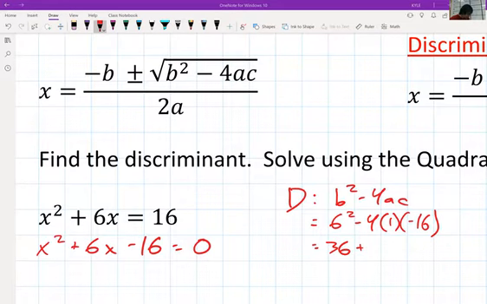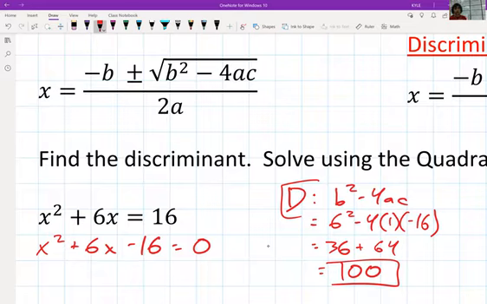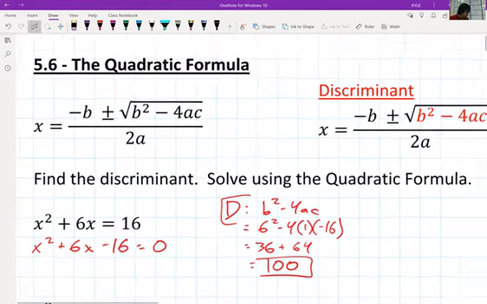What is negative 4 times 1 times negative 16? 64, which means my discriminant equals 36 plus 64, 100. So my discriminant equals 100. That's the first part of the problem.